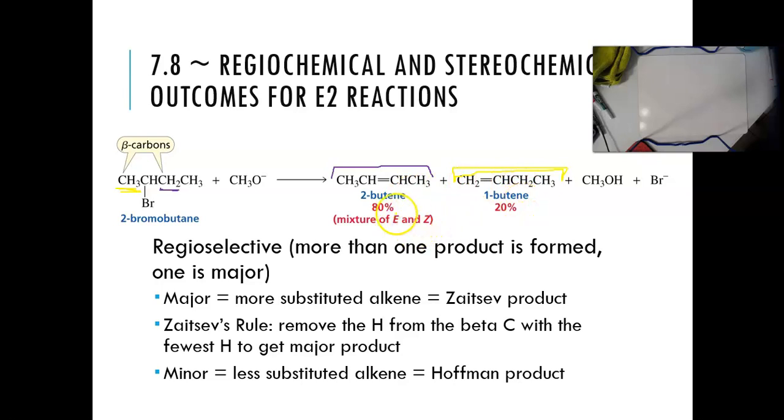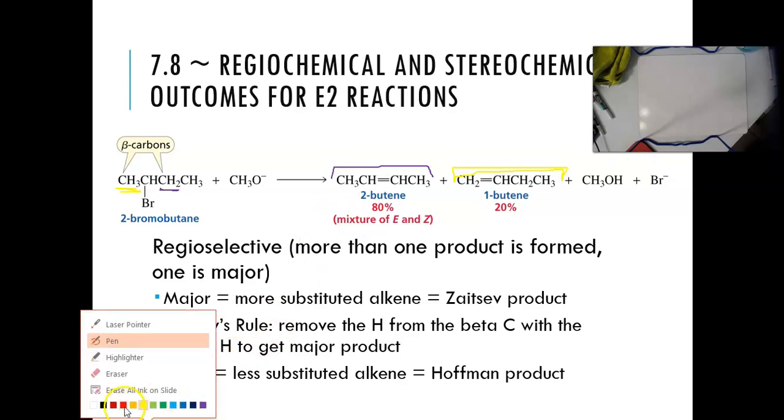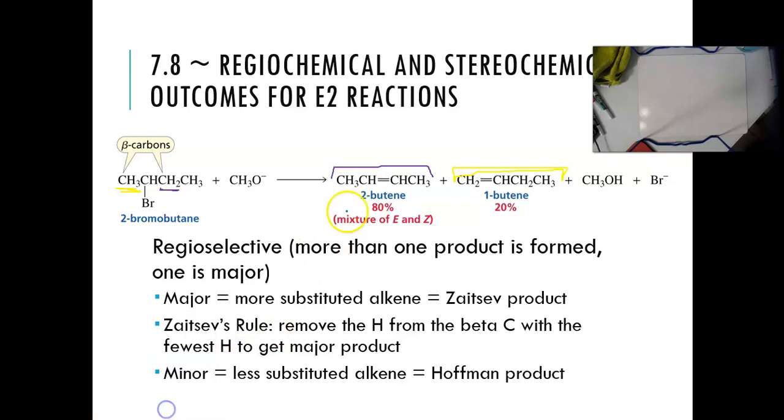Now the percentages underneath these tell us what percentage of the product is each of these products. So 80% of the product is 2-butene and only 20% is 1-butene. With that information, we can label 2-butene as our major product, meaning it's the one in greater quantity.